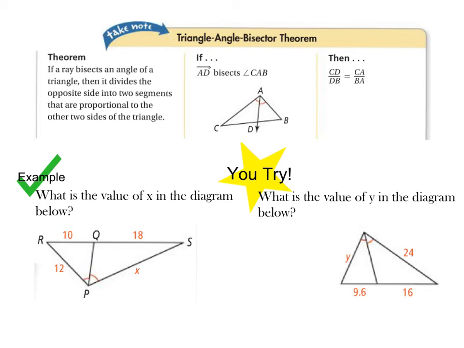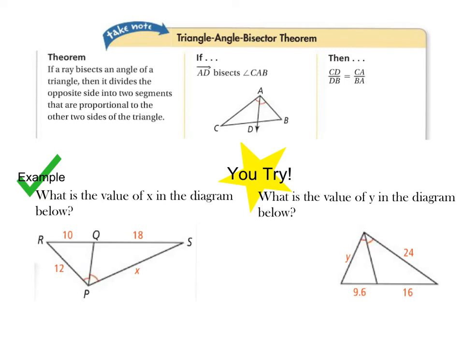So if a ray bisects an angle of a triangle, then it divides the opposite side into two segments that are proportional to the other two sides of the triangle. So here is an angle bisector. We know now that this side CD is to DB as CA is to BA. So we can make this proportion.